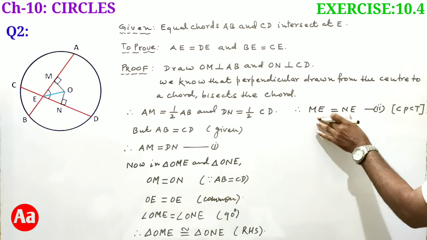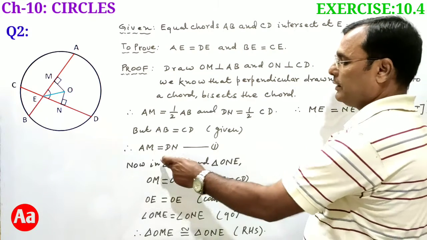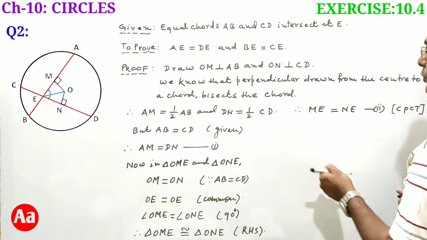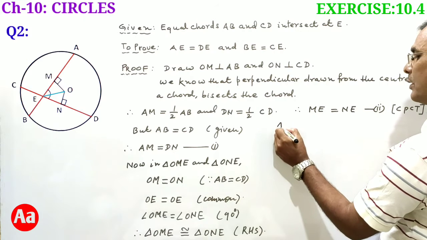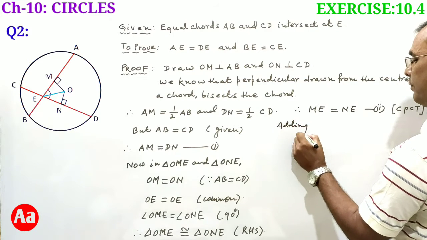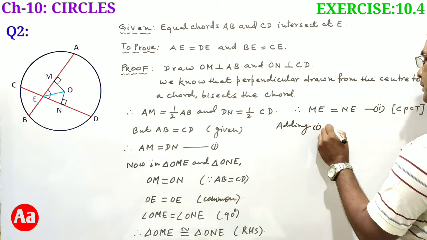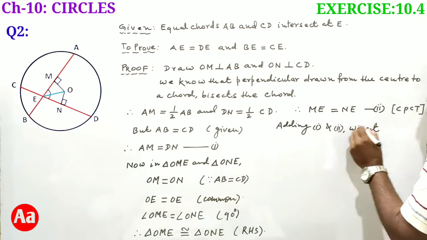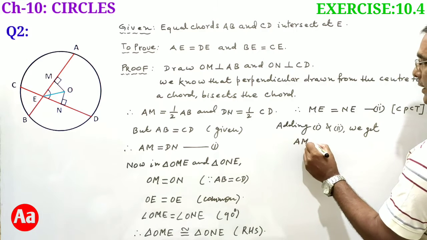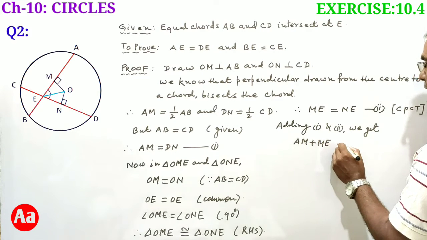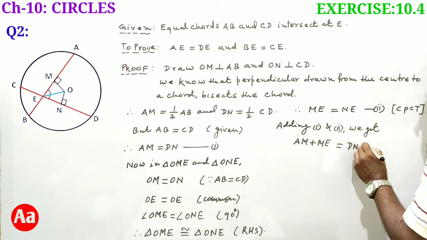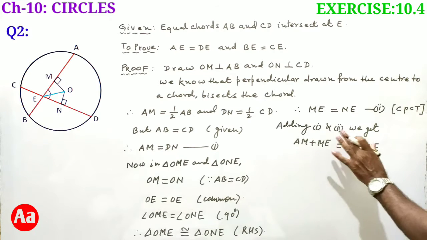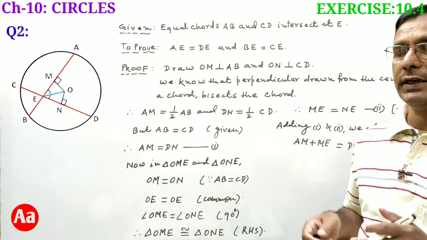So this way ME is equal to NE, and here we have derived AM is equal to DN. So adding 1 and 2, we get AM plus ME is equal to DN plus NE, because if equals are added to equals, then the wholes are equal.